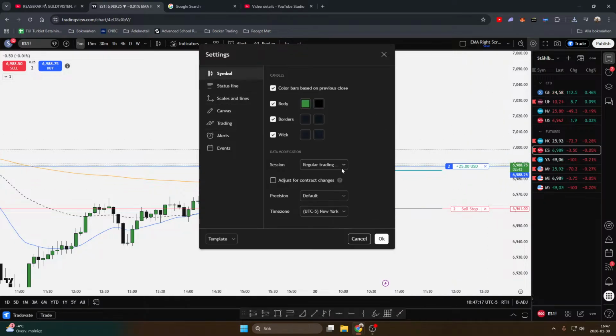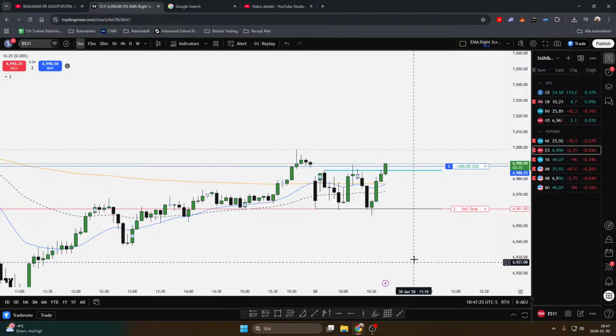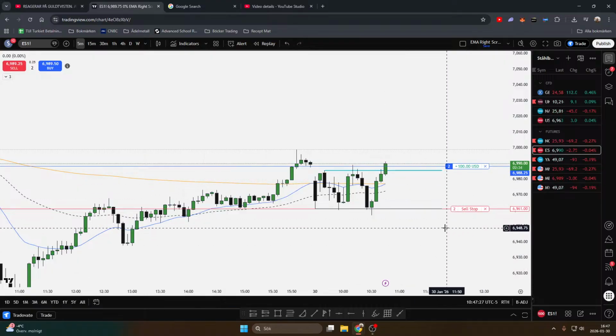Why can't I see the bar countdown? Oh yeah, I can.